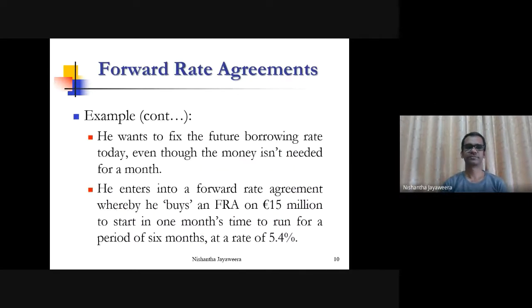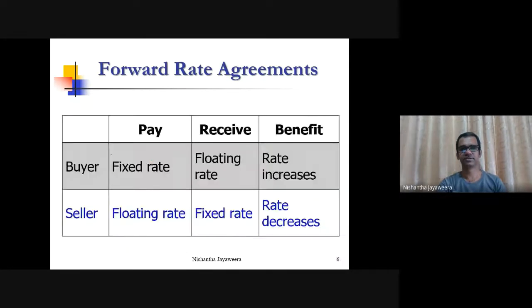What to do? He wants to fix the future borrowing rate today without waiting 1 month period. What's the way? Since he's a borrower and he wants to protect from the increase in interest rate, which one should he do based on this?